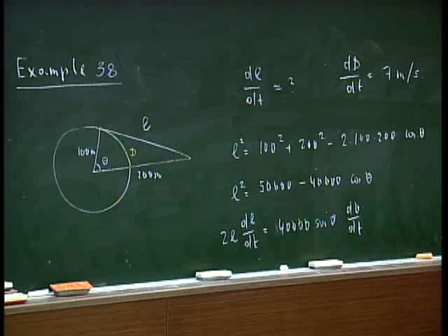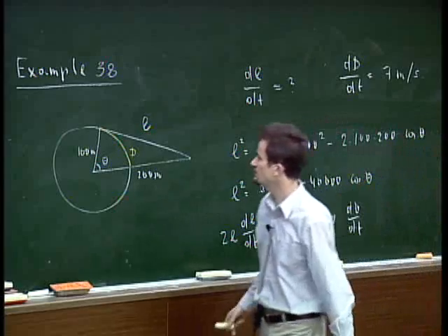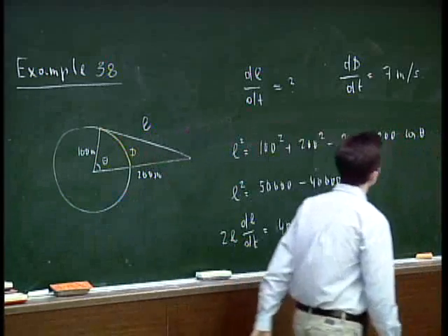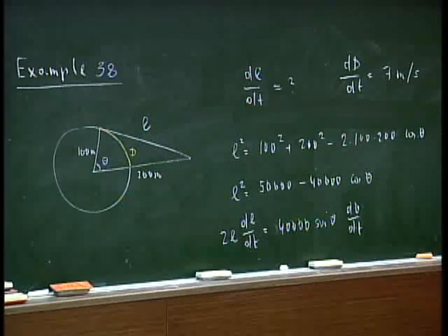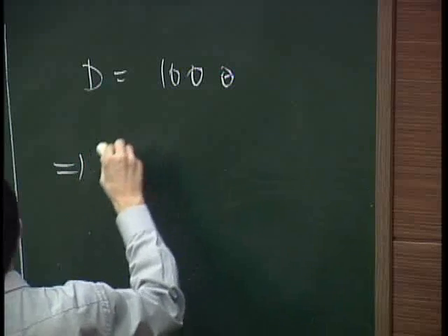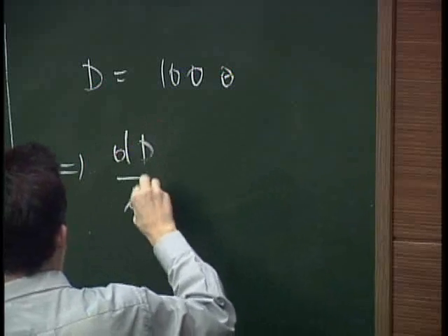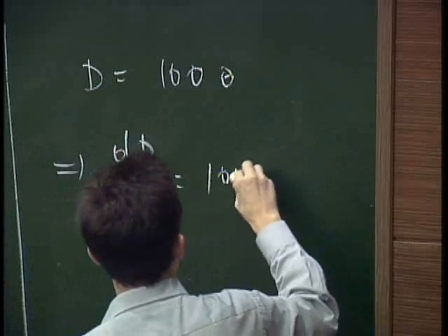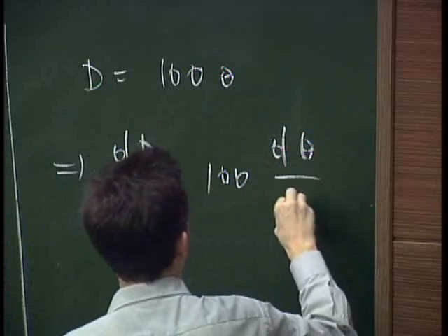Now, as for this one, this is quite easy because we know that d is equal to 100 times theta. Okay, so you see that the derivative is equal to 100 d theta over dt.